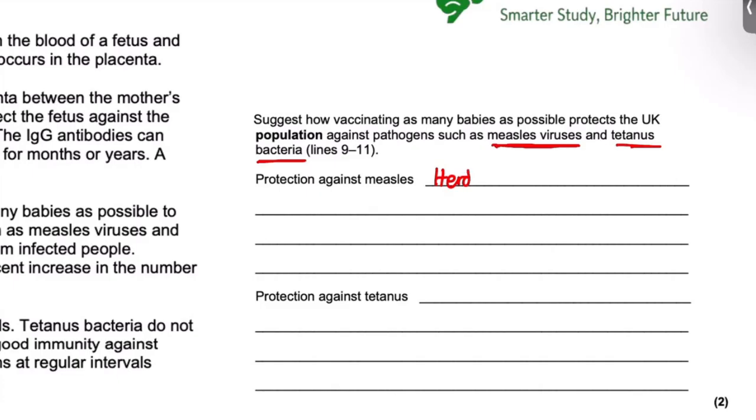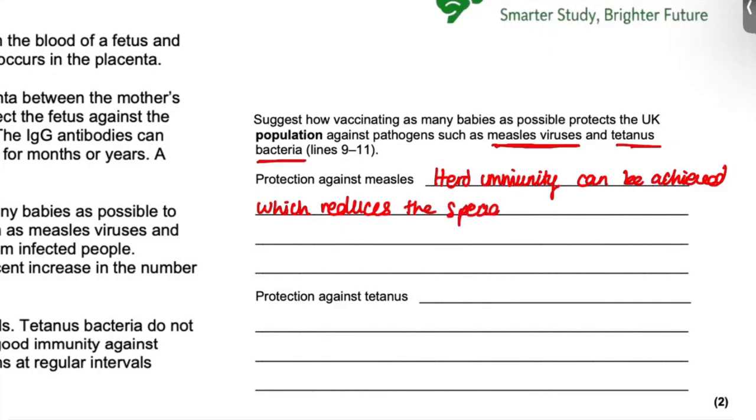So herd immunity can be achieved, which reduces the spread of the measles pathogen within the population.